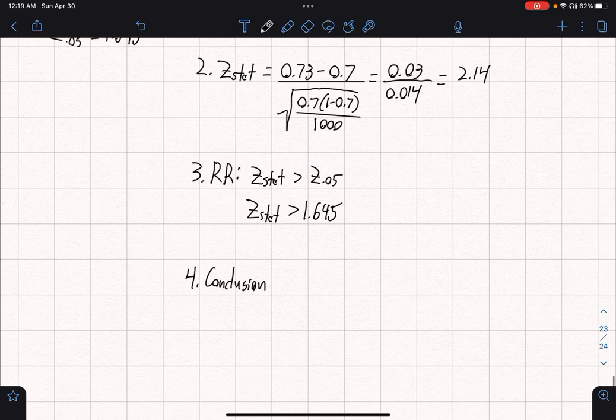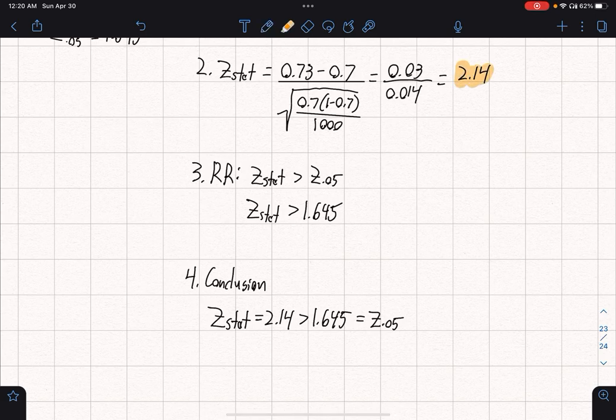Okay, conclusion. Let's plug z-stat into our rejection region. Our z-stat is equal to 2.14, which is greater than 1.645, which is equal to z.05.